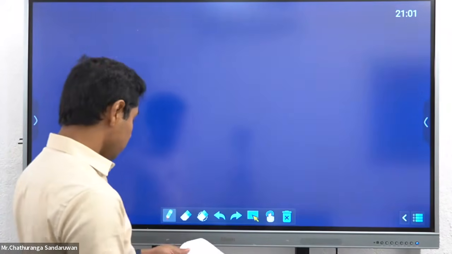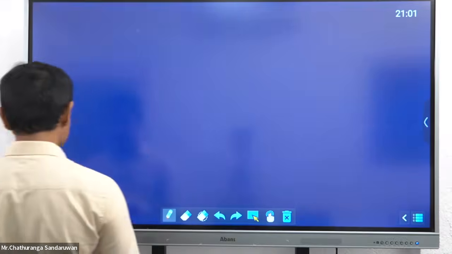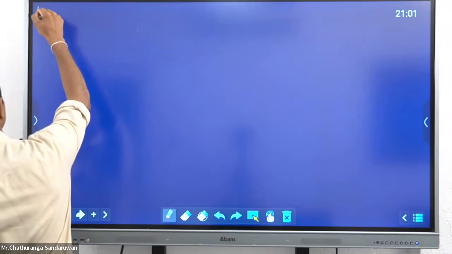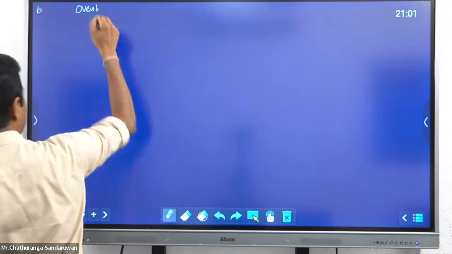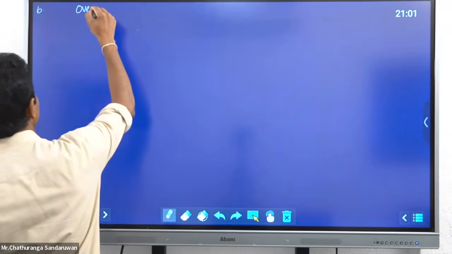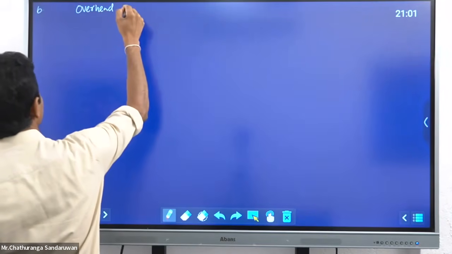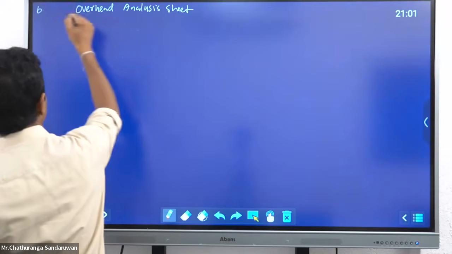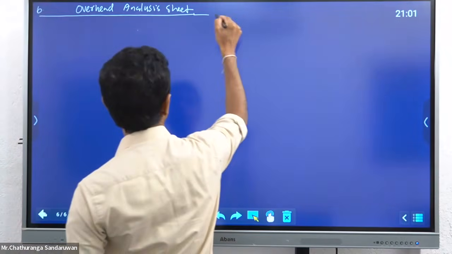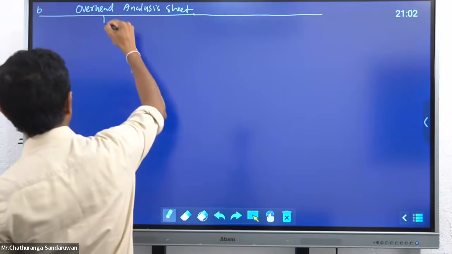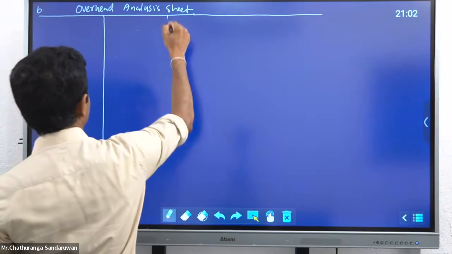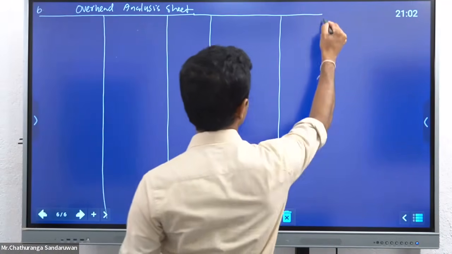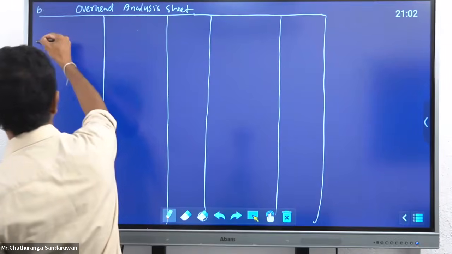Right, the answer. So we have to have the overhead analysis sheet. Part B, overhead analysis sheet. The cost item, the allocation basis, cost to production departments, the service department.